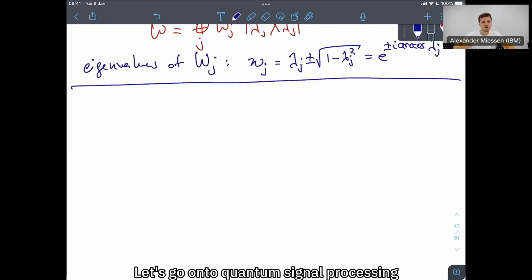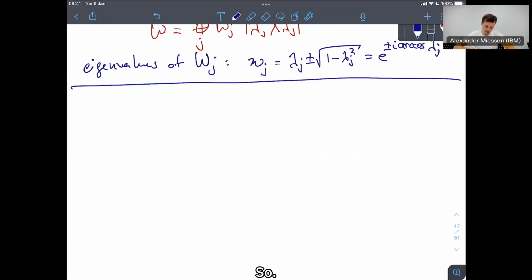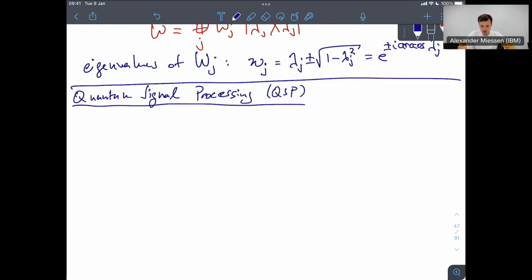Okay, so let's go on to quantum signal processing, where we will leverage exactly this fact that a block encoding of 2 reflections can always be decomposed like this, okay? So, alright.